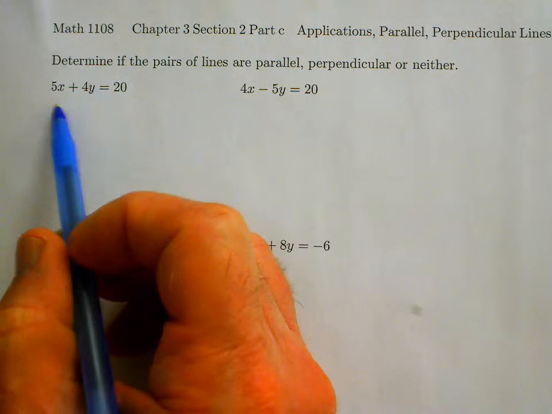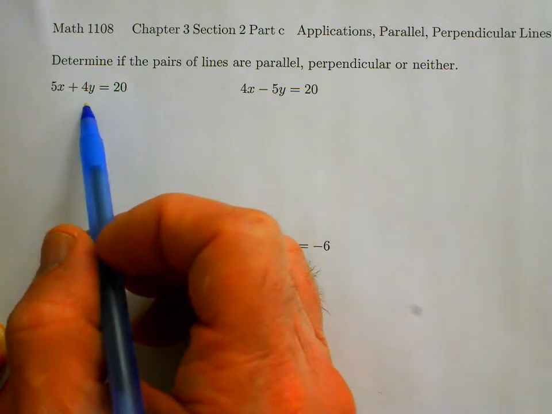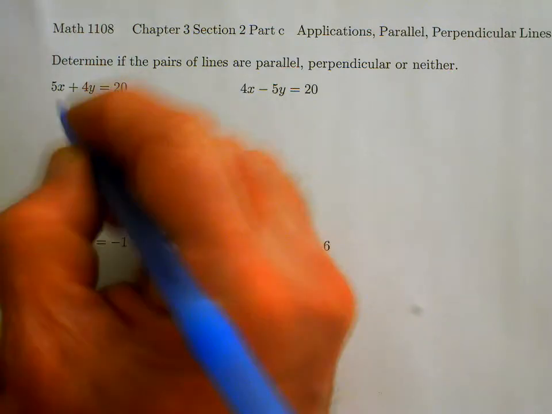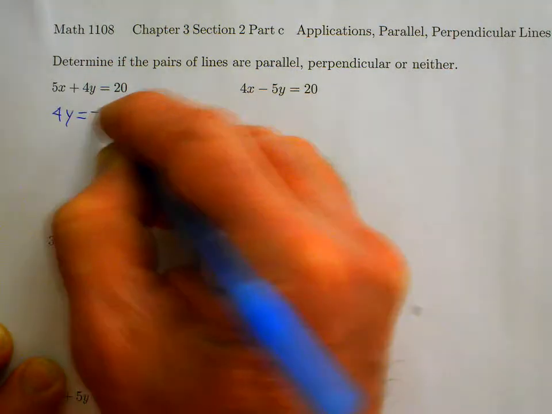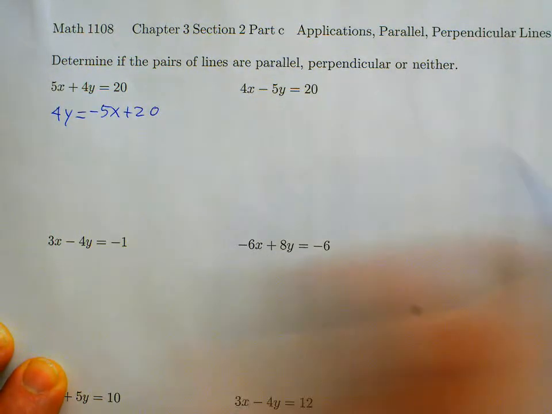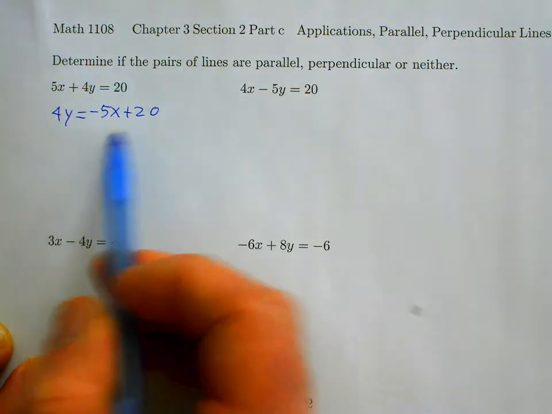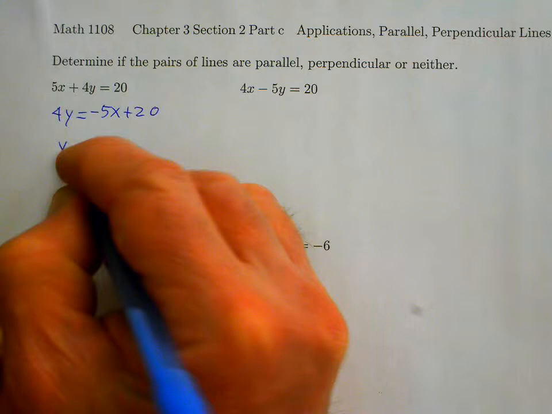Okay, so 5x plus 4y equals 20. To solve for y, first subtract 5x from both sides. So we get 4y equals negative 5x plus 20. Then divide every term on both sides by 4. 4y divided by 4 is y.